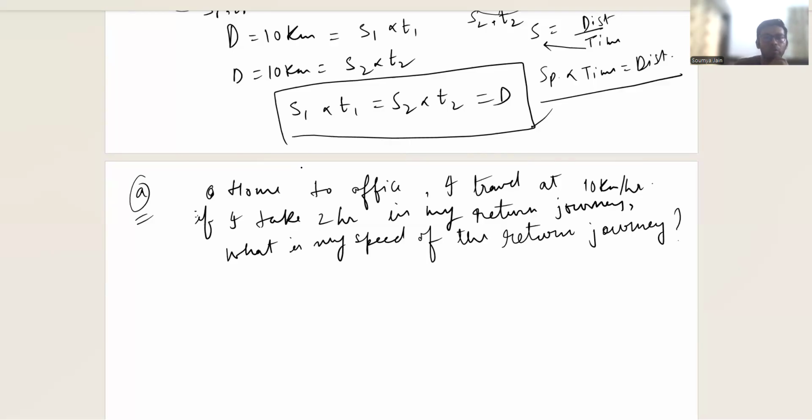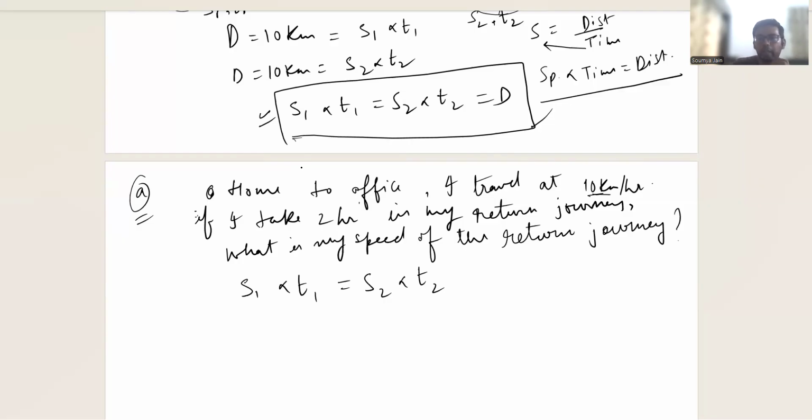Okay. Now, how do we do this? So, again, since the distance is constant, using the above relation, so home to office and office to home, the distance is fixed. So, we can use the relation, this one, S1 into T1 equals to S2 into T2. So, here, speed is 10 km per hour while going. So, while going from home to office, the speed is 10 km per hour.